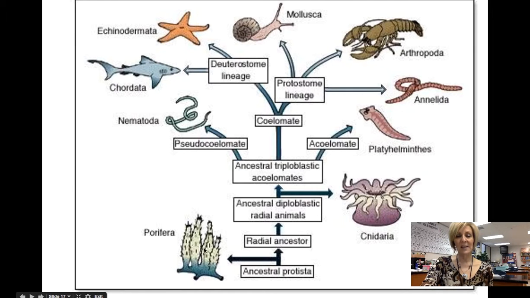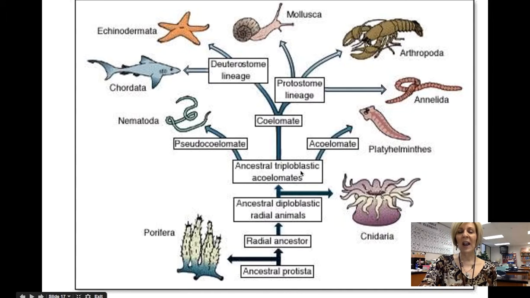And these are asymmetrical, remember. And then we have our radial symmetrical ancestors. And now we have the diploblastic organisms. So like jellyfish, the cnidarians, they do not have a mesoderm, but they have endoderm and ectoderm, and they are radially symmetrical.